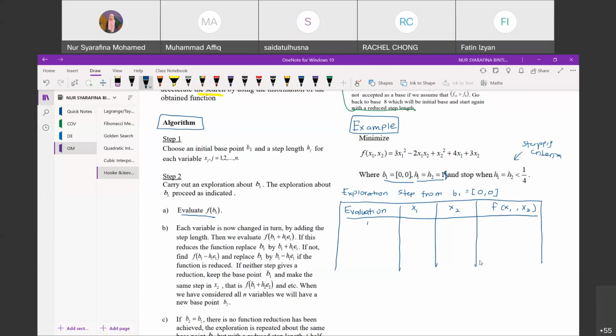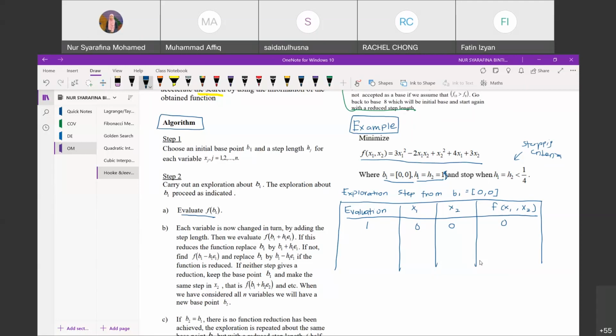The first evaluation we need to start with is our base point, 0, 0. When x1 and x2 are both 0, f equals 0.